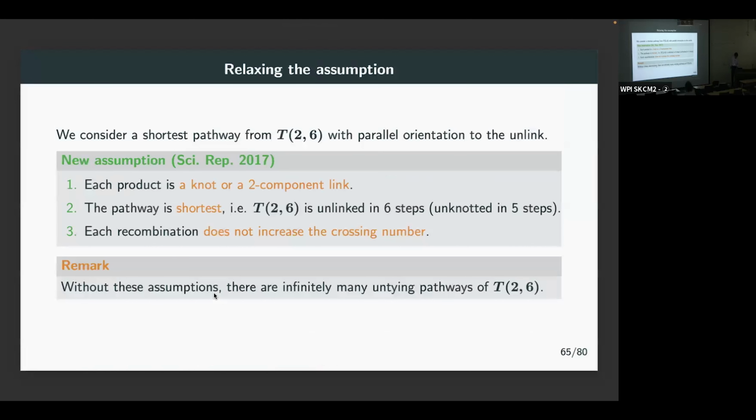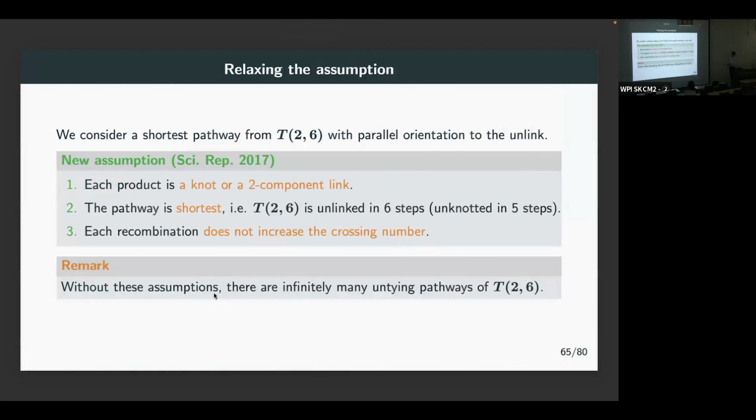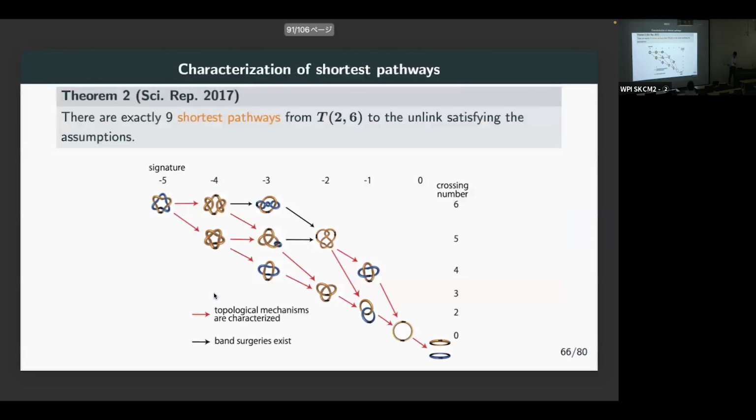So maybe this is very beautiful, but the assumption might be strong. In the next step, we relax the assumption: the crossing number goes down or stays the same. Then we can also characterize the pathway. But in this case, for the starting point, we must restrict ourselves to the topology of the 2,6 torus link.